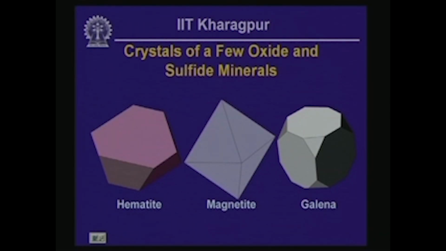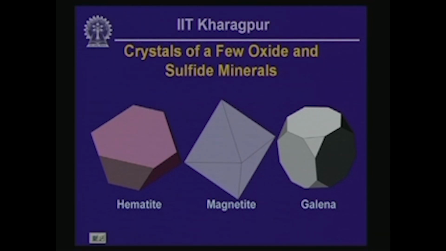Now, this slide shows a few examples of unit crystals of oxide and sulfide minerals. Hematite, which we discussed, is an oxide mineral, and its unit crystal is shown on the left.